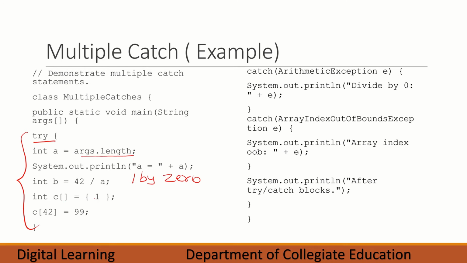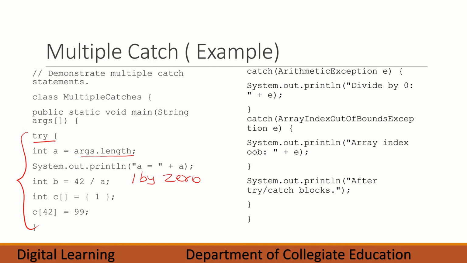So what is the size of the array? Only 1. Now, if I try to access C of 42 is equal to 99, it will generate the other exception, that is array index out of bounds, because we are trying to access the array beyond the limit.